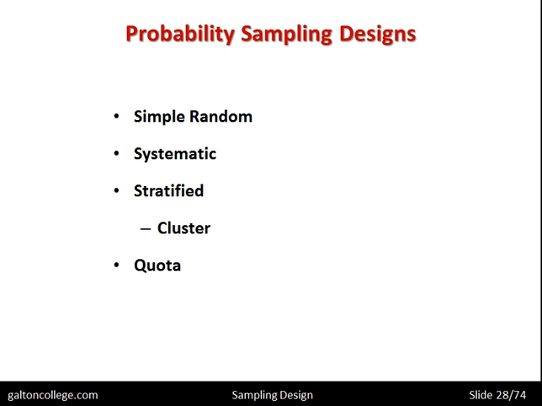We could have quota sampling. We might want to have the researcher assign some proportion to be looked at from each strata. So let's take 50% male, 50% female.